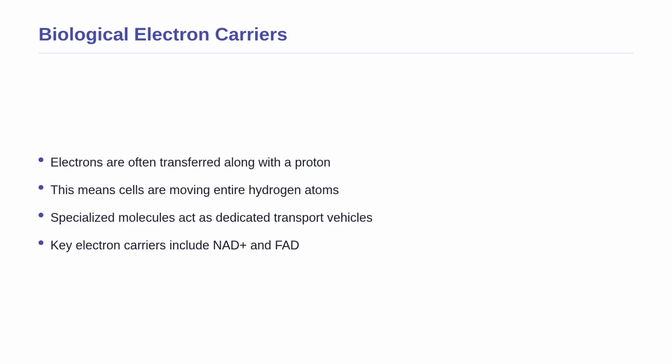To handle this safely, your cells use specialized molecules like NAD+ and FAD. These act as dedicated electron carriers. Their entire job is to shuttle these high-energy electrons from the food we break down to the cellular machinery that manufactures our energy. They are the vital transport vehicles of the microscopic world.